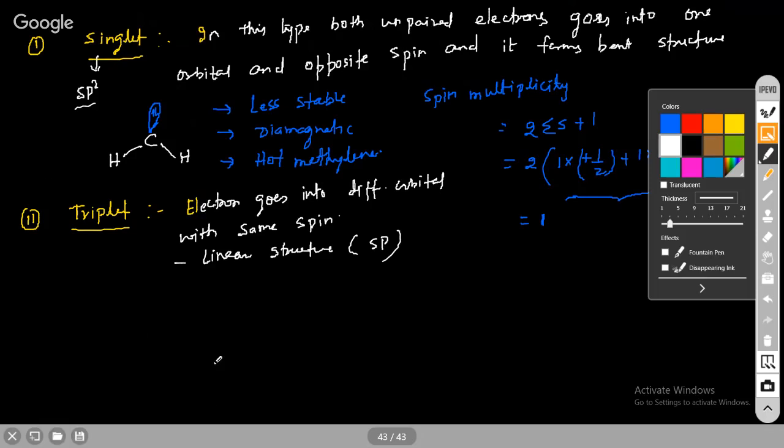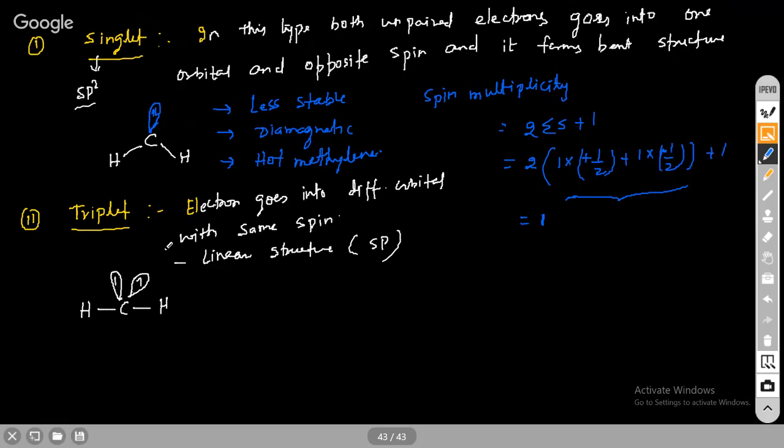Okay, so the last thing you see, if I draw the structure of this, we have H, C, H, and the two electrons will be in two different orbitals with one electron each of the same spin. Now, since the electrons are unpaired, it is paramagnetic in nature.